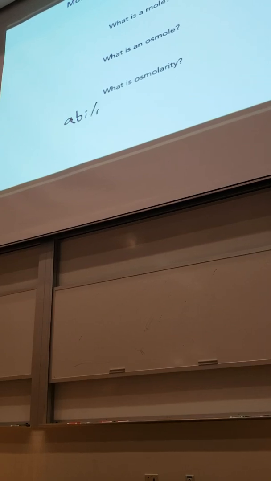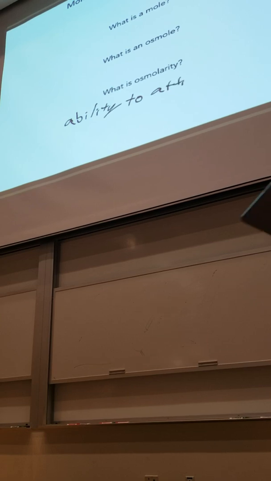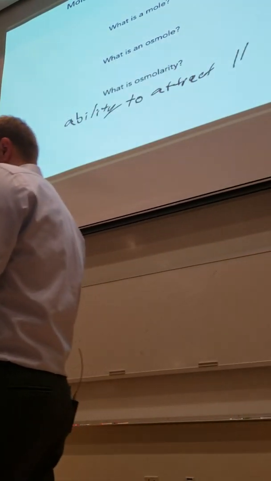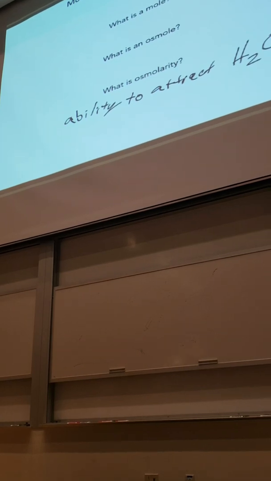So this is very, very basic, I guess a little bit too rudimentary, but we could say ability to attract water. Okay? And we're attracting water on the basis of the number of osmoles we have.